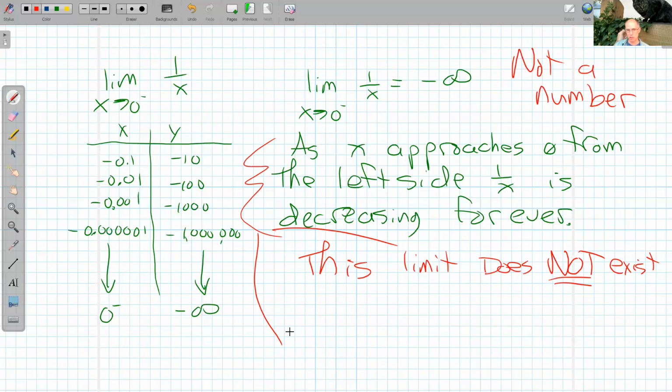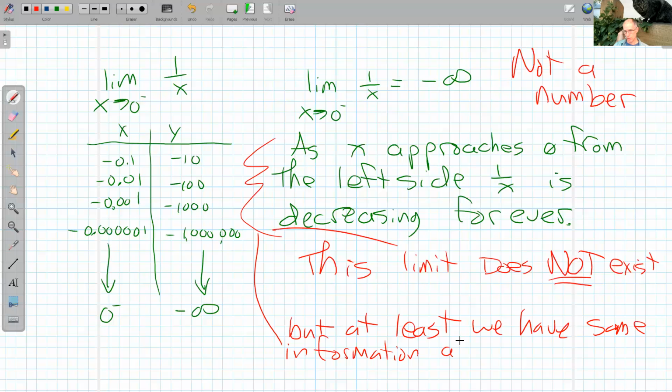But at least we have some information about the end behavior of the graph.